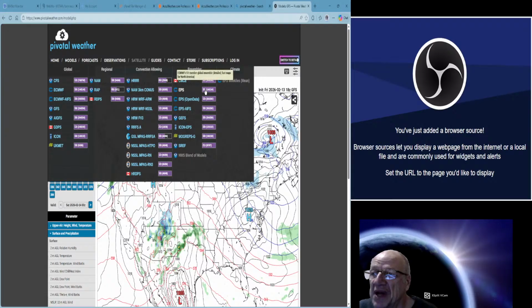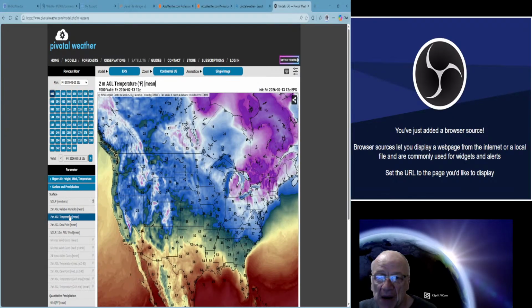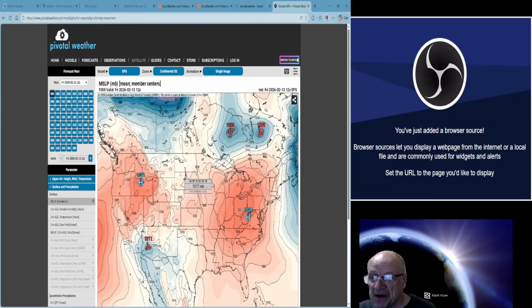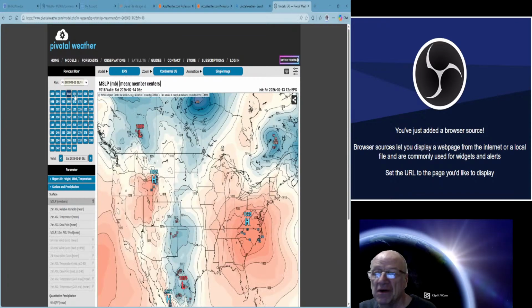We'll look at the European numbers, and we're going to go to sea level pressure. Here we go, and then we're going to put this into motion. We're going to go 12, 18, a little bit further, 36 hours. Here's a system in the south.